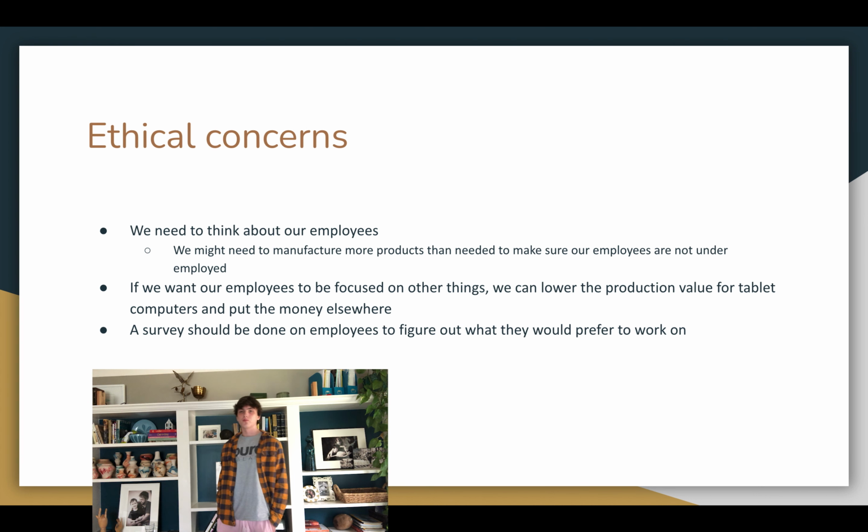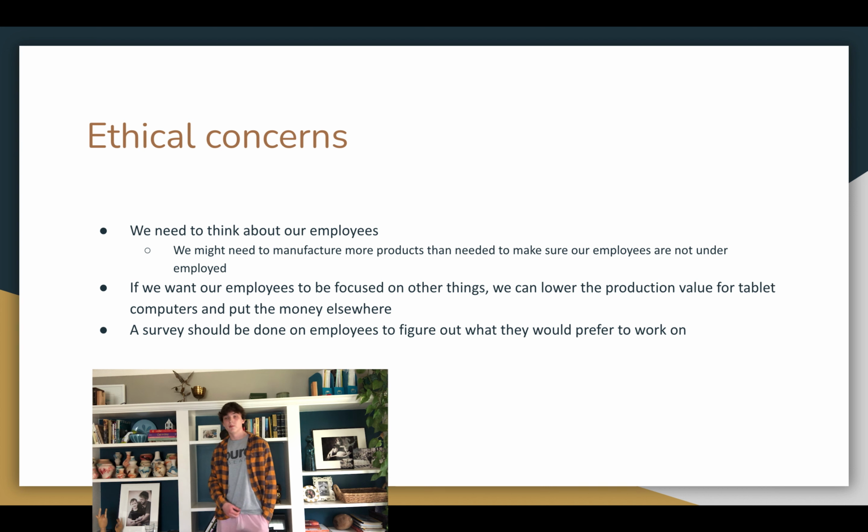So, we can look at this and we can just look at the numbers. But in reality, these tablet computers are going to be manufactured by real people. So there are certain ethical concerns we're going to need to take into consideration. Primarily, we need to think about our employees who are actually going to be manufacturing these machines.